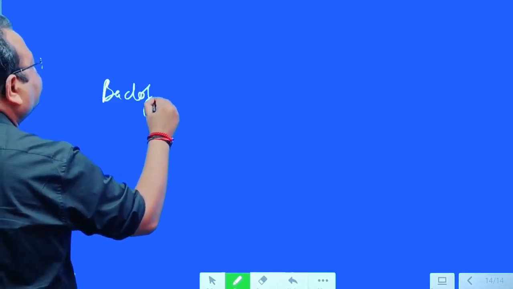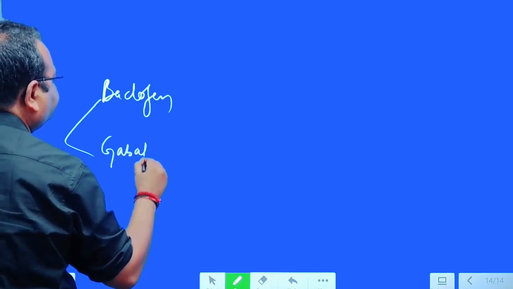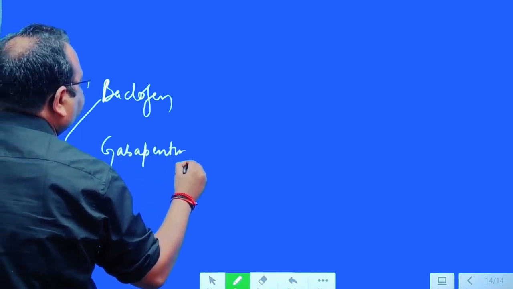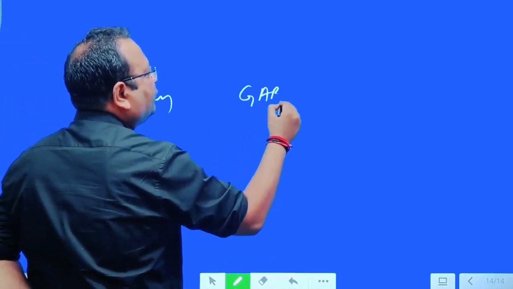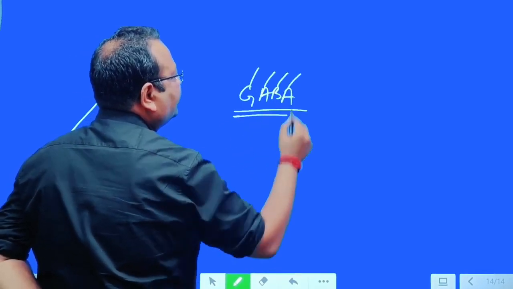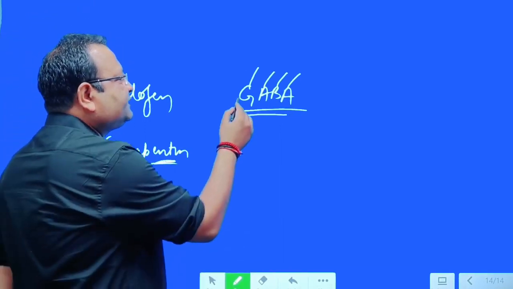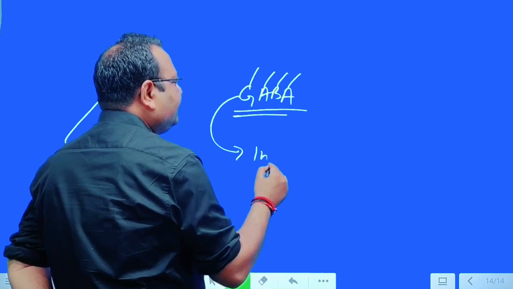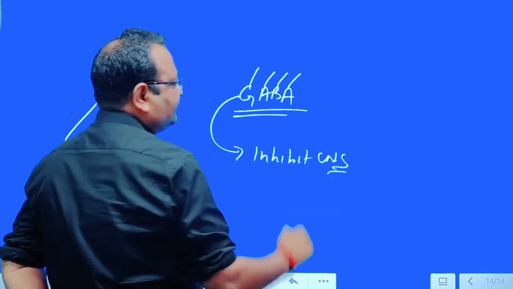the GABAergic drugs. These drugs are baclofen and gabapentin. You all know that GABA is gamma aminobutyric acid, an inhibitory neurotransmitter, and the function of this neurotransmitter is to inhibit central nervous system activities.